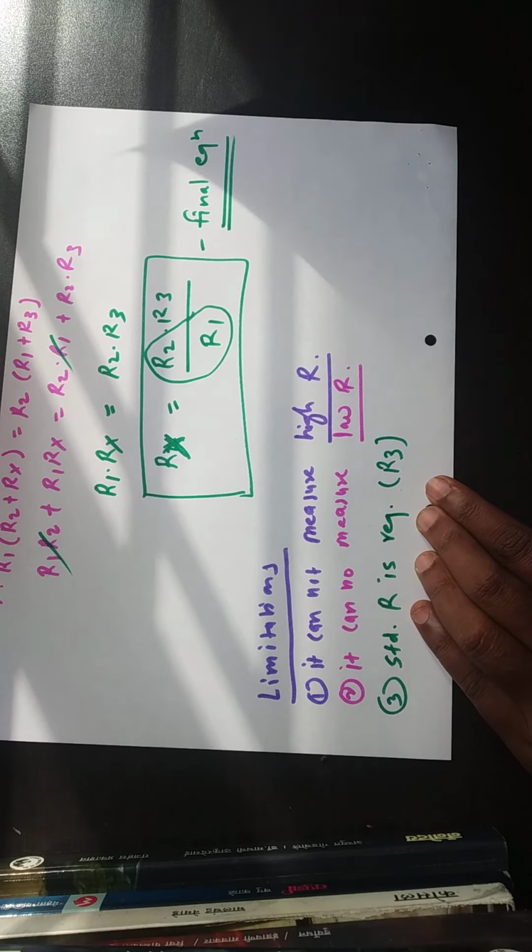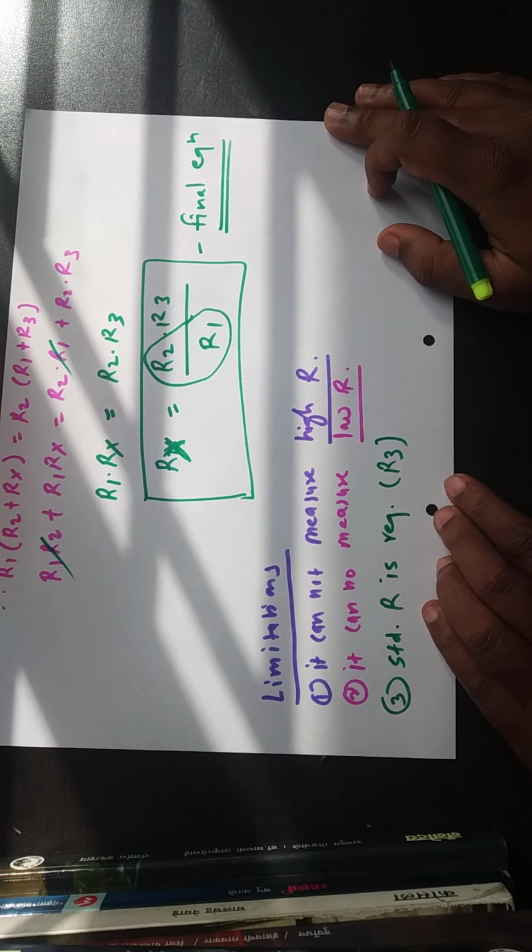Standard resistance is required, and this increases the cost of your system. For a standard resistance you can use metal film resistors, which are very costly compared to carbon based resistors. So when you use standard resistors in the network, the cost of the system increases.